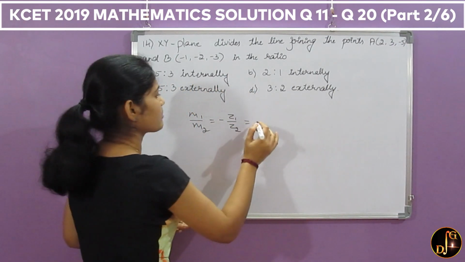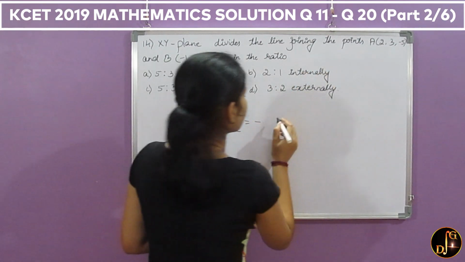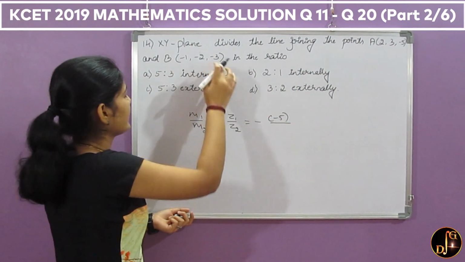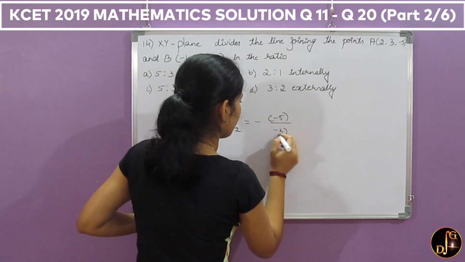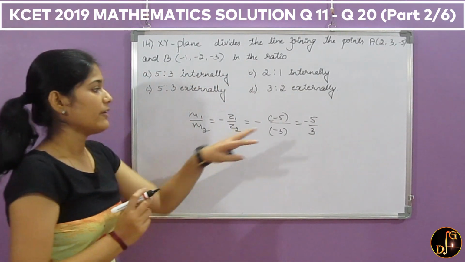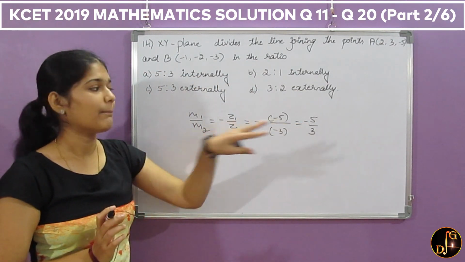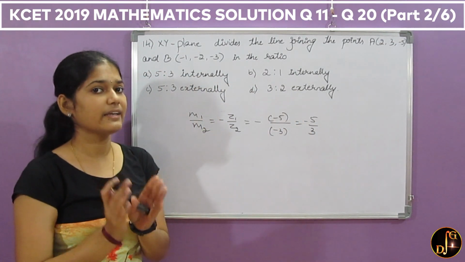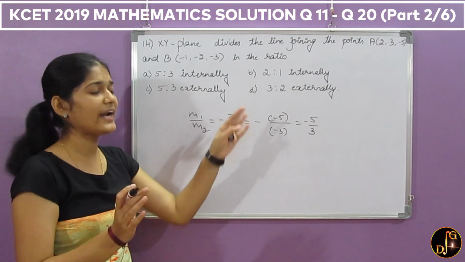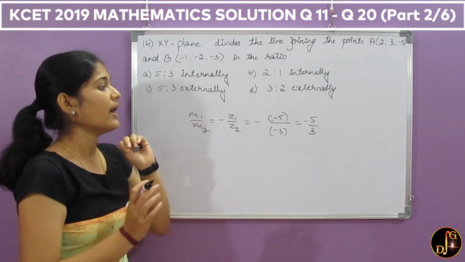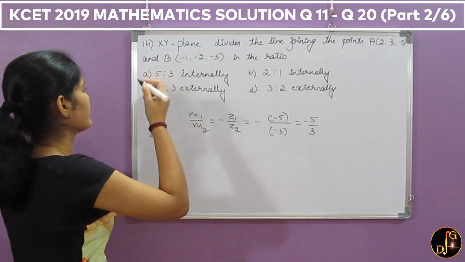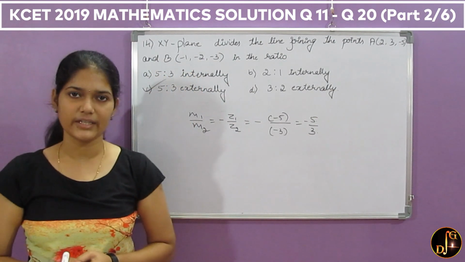So that means minus of z1 is minus 5 divided by z2 is minus 3. So it is simply minus 5 by 3. We got minus sign here. Minus sign represents it divides externally. That means the xy plane divides the points in the ratio 5:3 externally. So the correct option is option C.